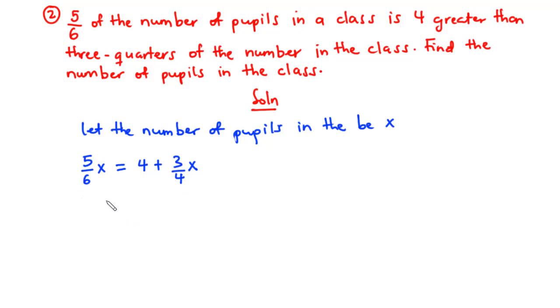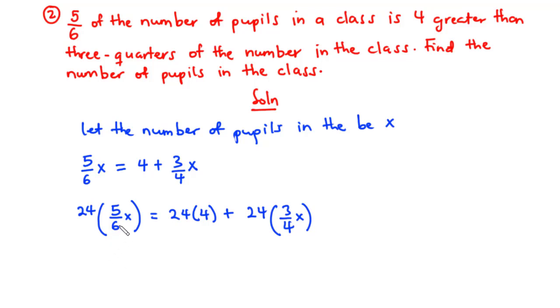So let's multiply each term of the linear equation by 24. So we have 24 times 5/6x equals 24 times 4 plus 24 times 3/4x.